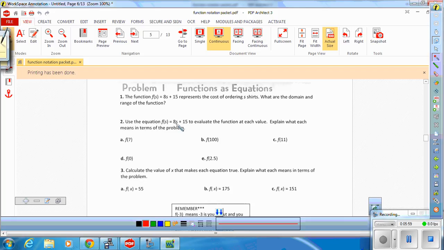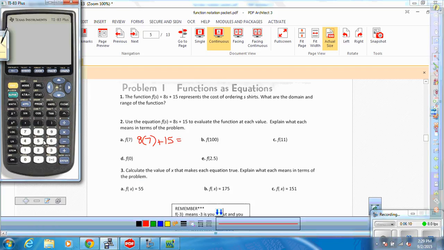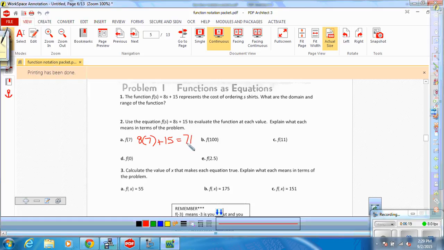So if I want to find f of 7, that means I need to take 8 times 7 plus 15 and figure out what that is equal to. So if I do 8 times 7 plus 15, I get 71. So f of 7 is equal to 71.